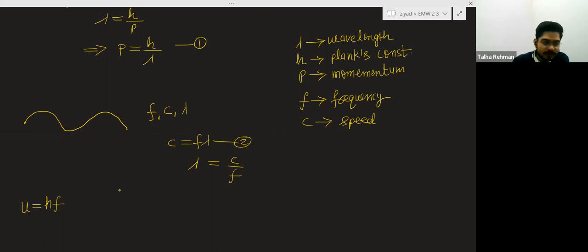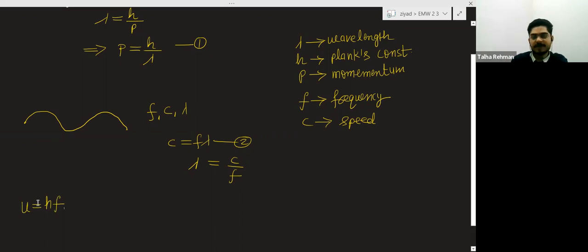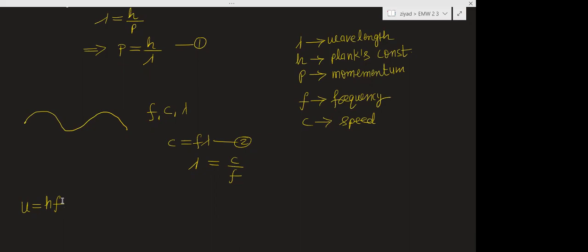Energy of the electromagnetic wave is equal to the Planck's constant into frequency. There are different ways you can find the value of the Planck constant from p lambda, and accordingly you will get the momentum.